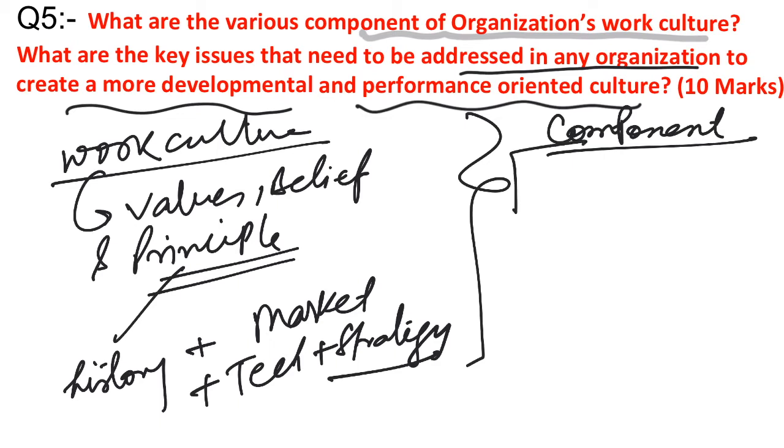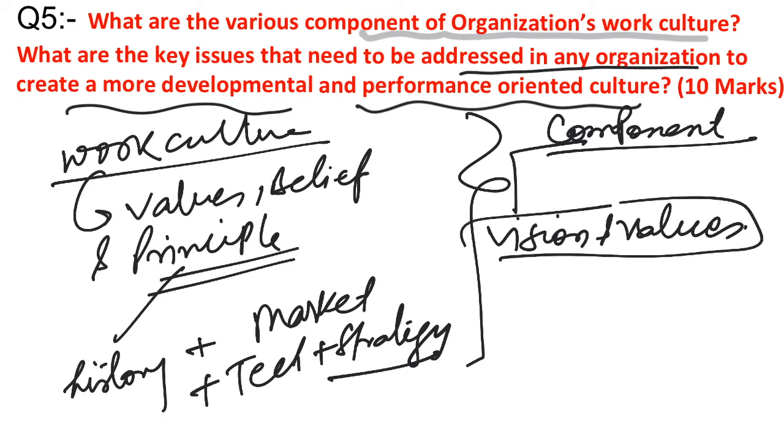Here you can talk about vision and values. The vision and values will be reflected in the work culture. For example, Google's value might be best articulated by their famous phrase, don't be evil.